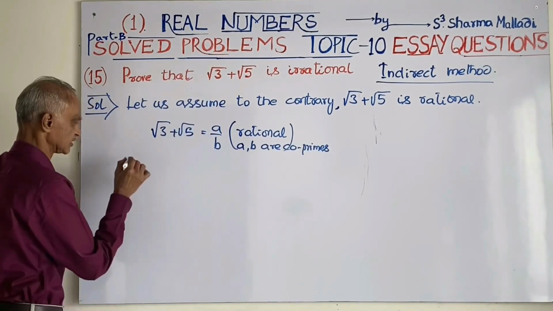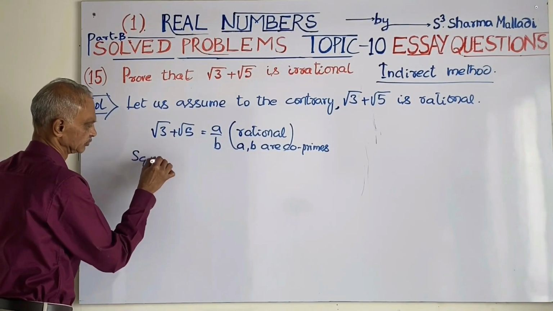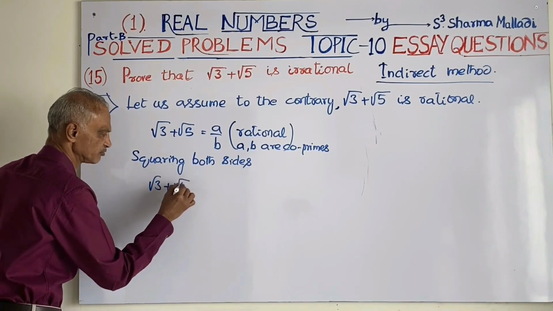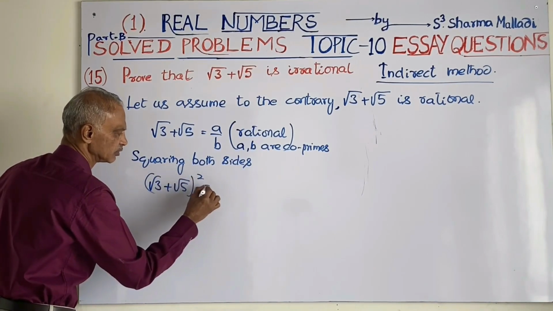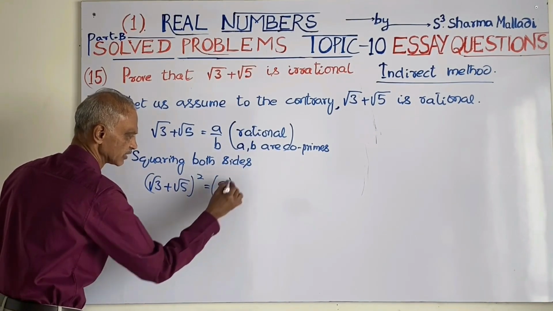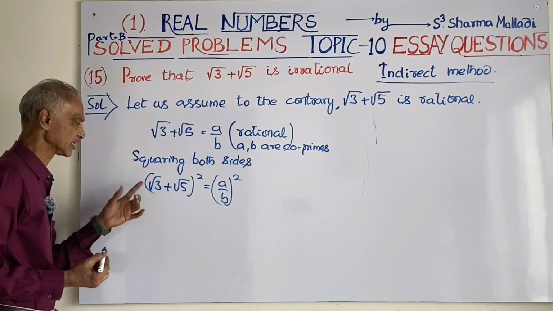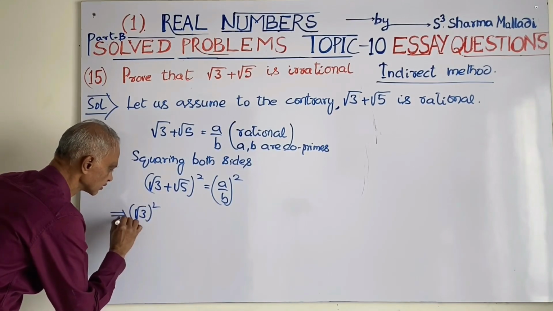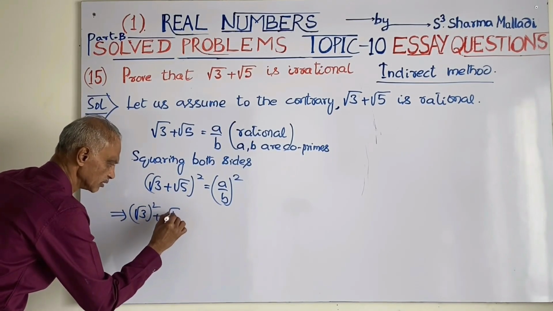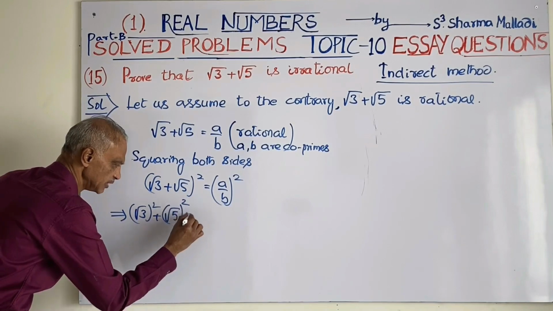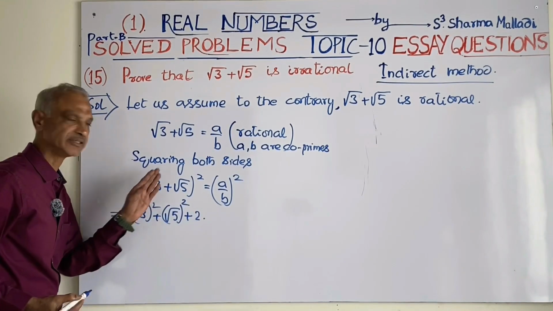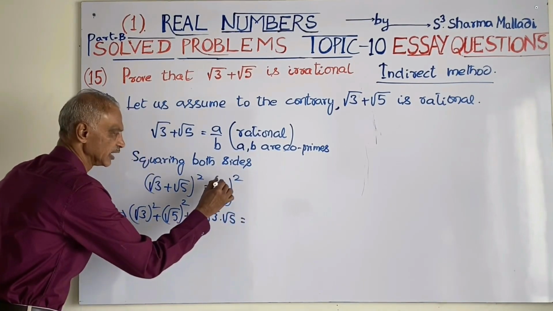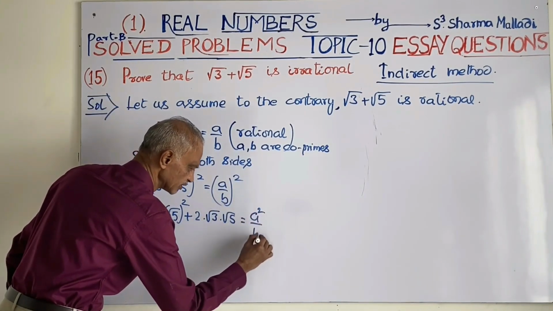Now squaring both sides. You will get root 3 plus root 5 whole square is equal to a by b whole square. It is in the form of a plus b whole square: a square, root 3 whole square, plus b square, root 5 whole square, plus 2 into a into b, means root 3 into root 5, is equal to a square by b square.